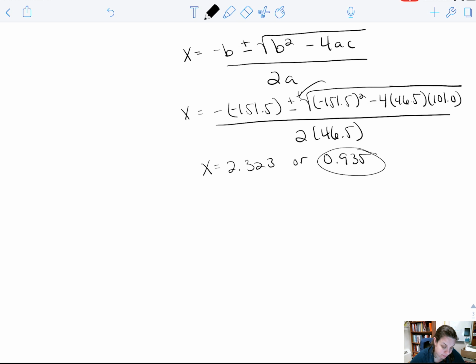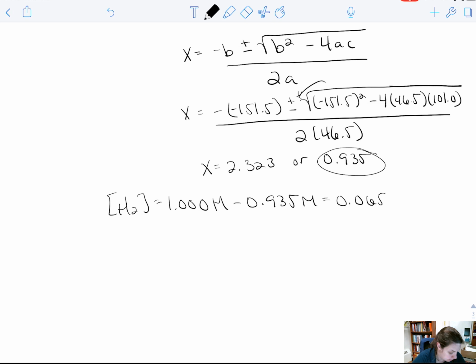Okay, now we can go back and put these concentrations in. So our H2 is equal to 1.000 molar minus 0.935 molar, giving us 0.065 molar.